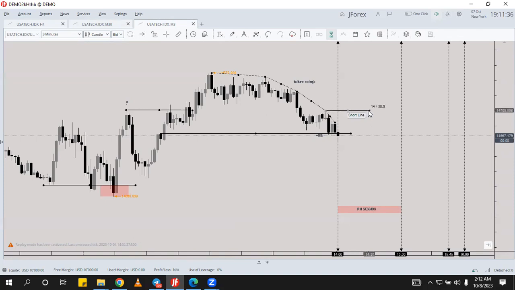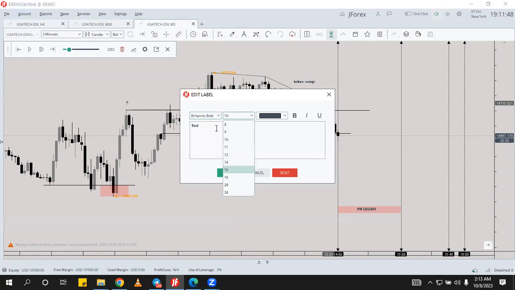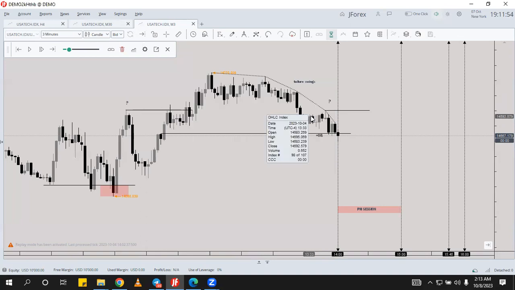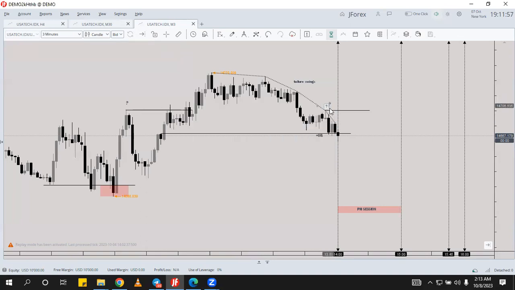If price can break that level, then we can confirm that it is a bullish confirmation. So let me just put that there. We want to see a shift in market structure. Price needs to break that level there. So I'm just going to play it, the replay tool.